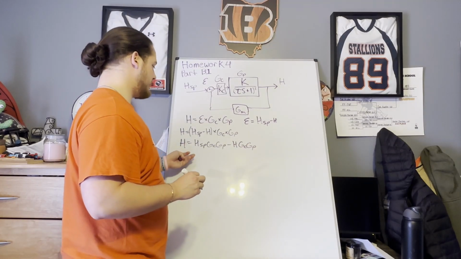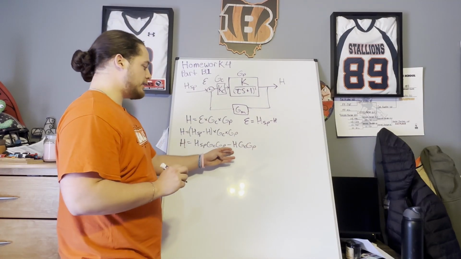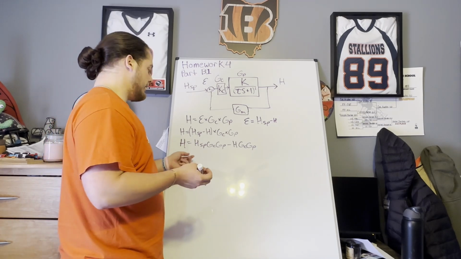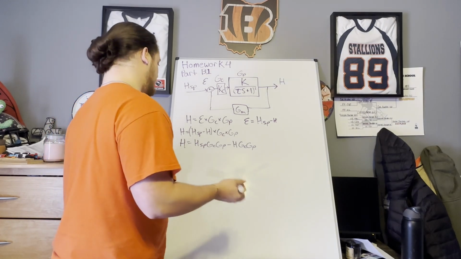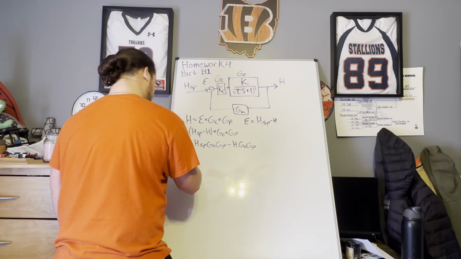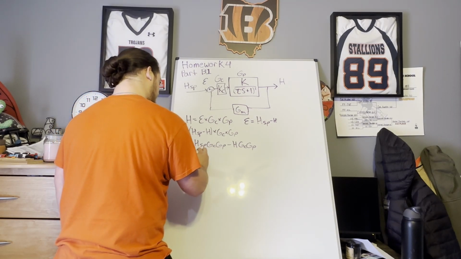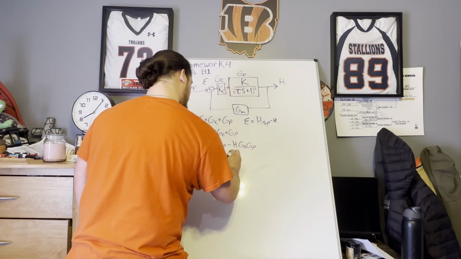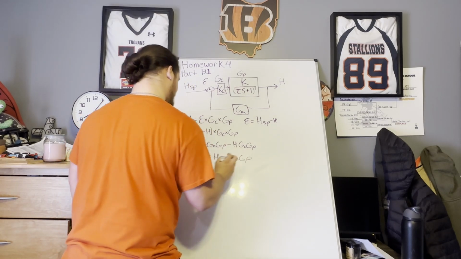So now what we want to do is isolate our H and our HSP so that we can get an expression for our respective heights. So doing so, we can add this over. So we'll get H GC GP plus H is equal to HSP GC GP.